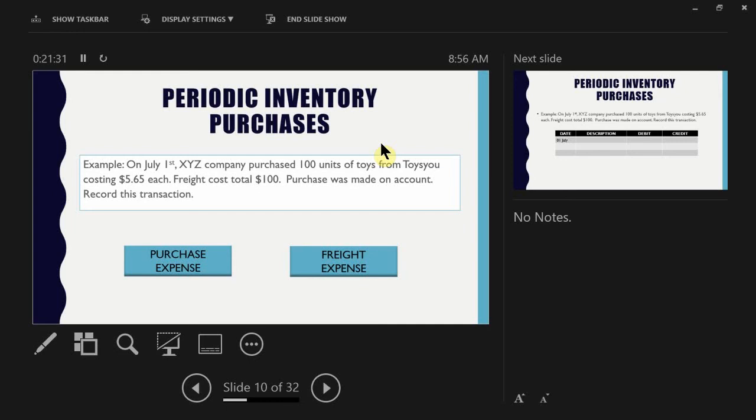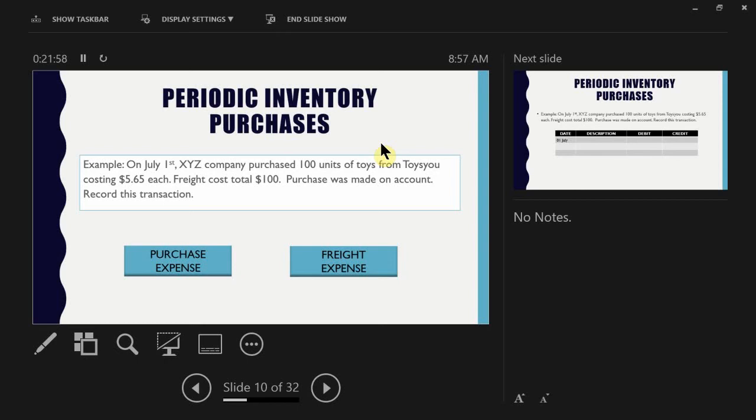But right now, I'm not teaching you to be an inventory manager. I'm teaching you how to be an accountant / bookkeeper. So understanding that these key factors affect a transaction, and you're going to be the one recording it, I only want you to know freight expense and purchase expense. Okay?